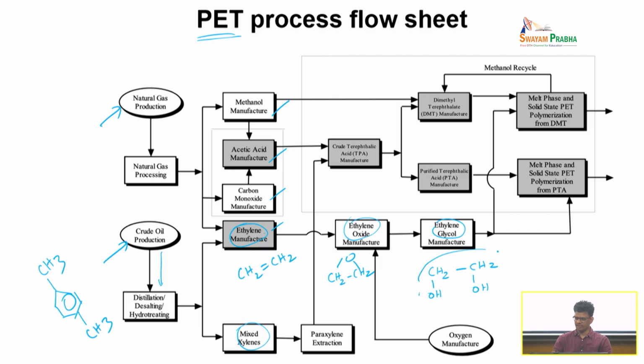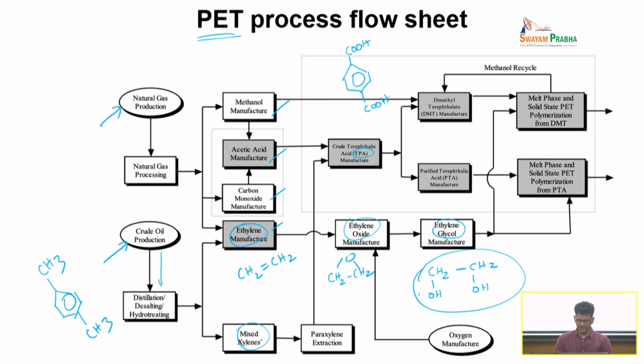This is one of the important raw materials for PET production. The other raw material is TPA, that is terephthalic acid. The terephthalic acid formula is a benzene ring with COOH groups, and this terephthalic acid is produced from xylene.